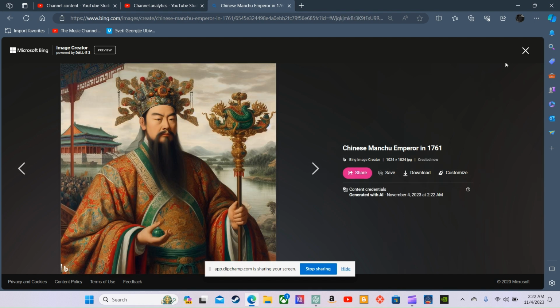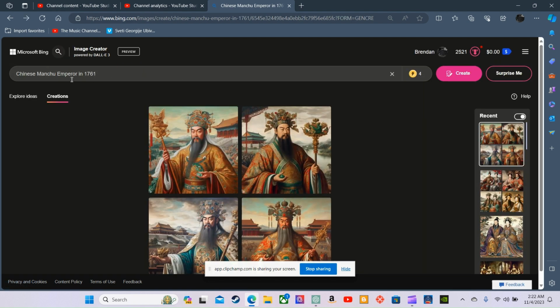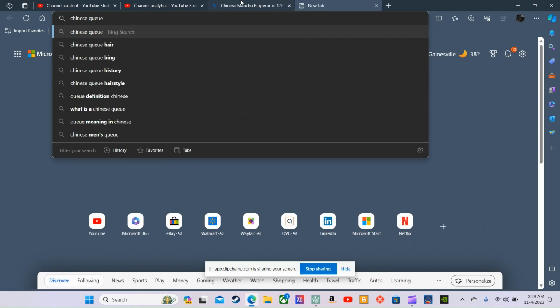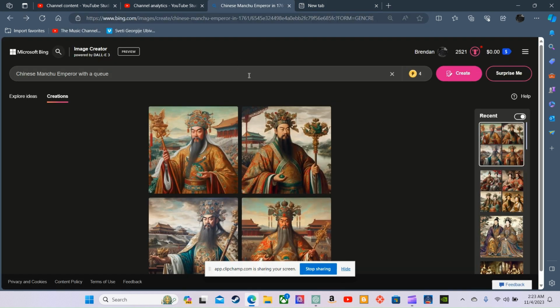He's wearing a beard. Hmm. So what if we say Chinese Manchu Emperor with a Q? Just want to make sure that I've done that right. Yes, Chinese Q. So here's the thing. In 1762 or 1761 again.